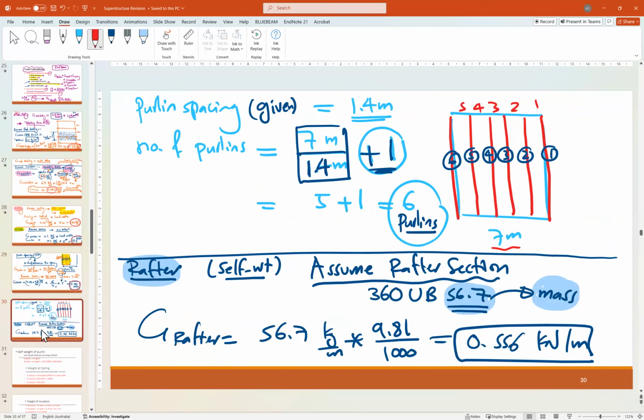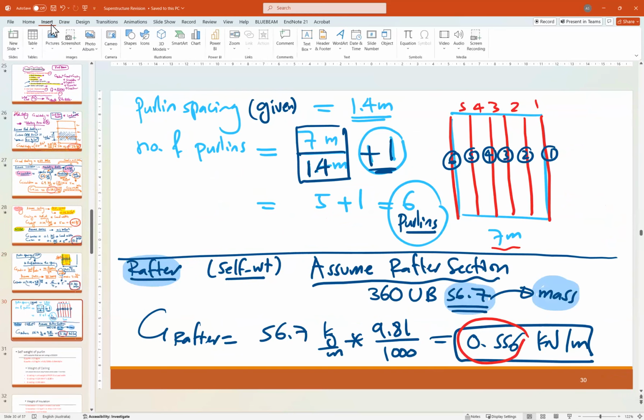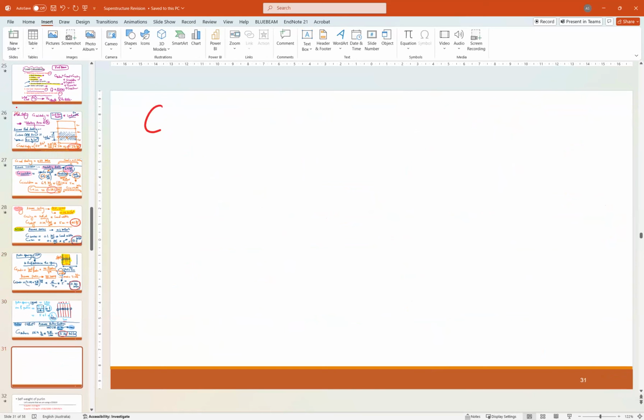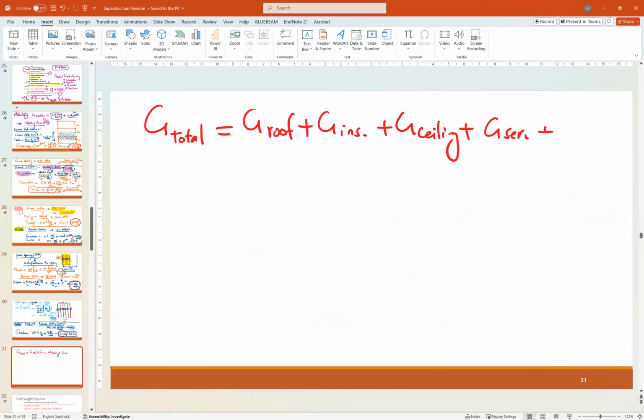And finally, for rafter, 0.556. So the total dead load after all this calculation, G total, equals G roof plus G insulation plus G ceiling plus G surfaces plus G purlin plus G rafter.